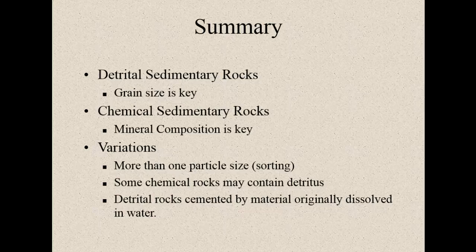Some chemical rocks can also contain detritus, like we saw in the coquina, which is broken up fragments of seashells, and detrital rocks are cemented by material originally dissolved in water. So this concludes an introduction to sedimentary rocks and sedimentary rock identification. Remember, with the chemicals, to read the descriptions for their identification.